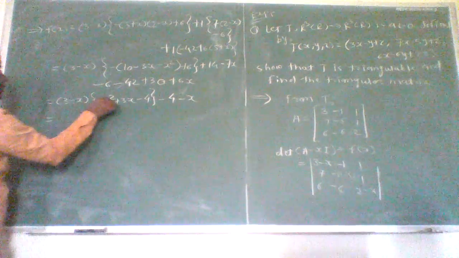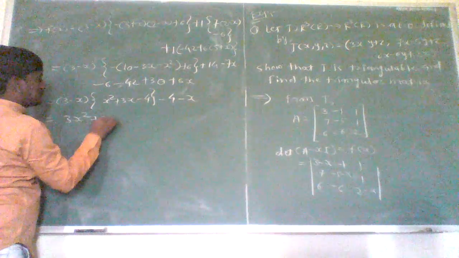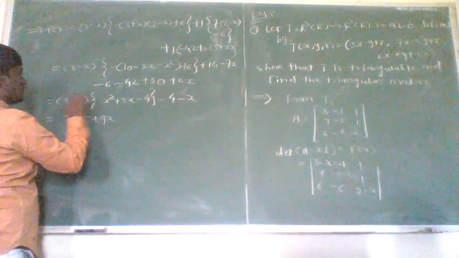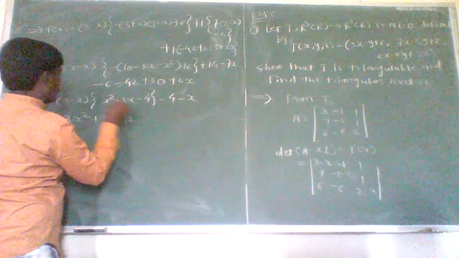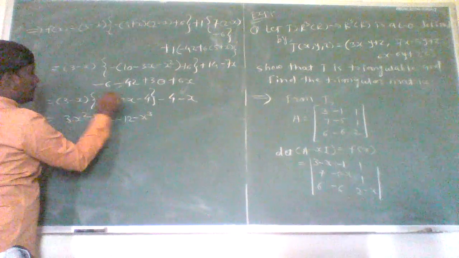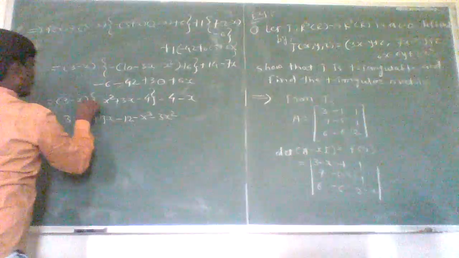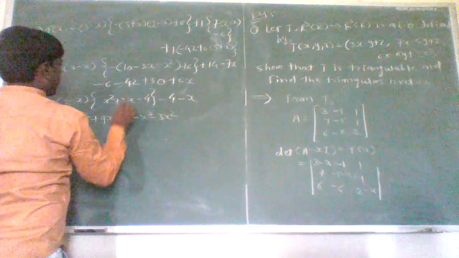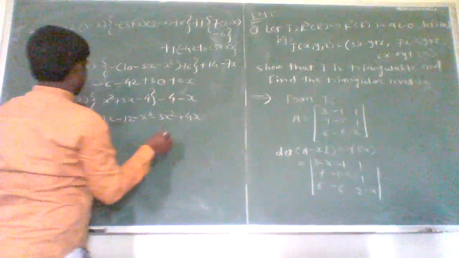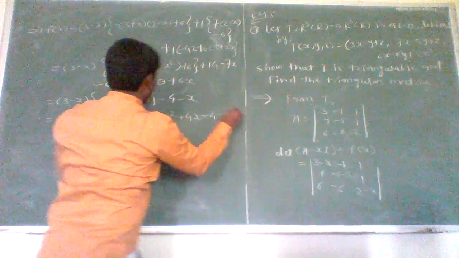Which is equal to 3x square plus 9x minus 12 minus x cubed minus 3x square plus 4x minus 4 minus x.